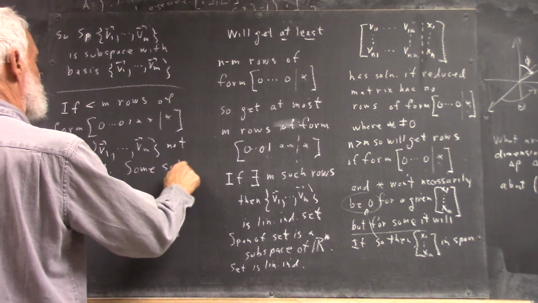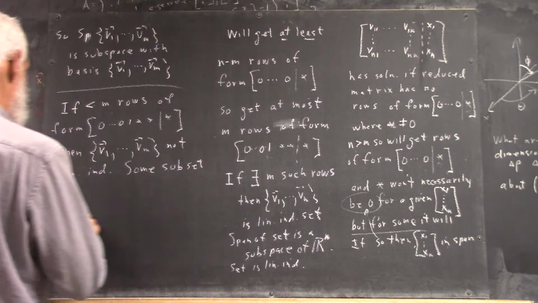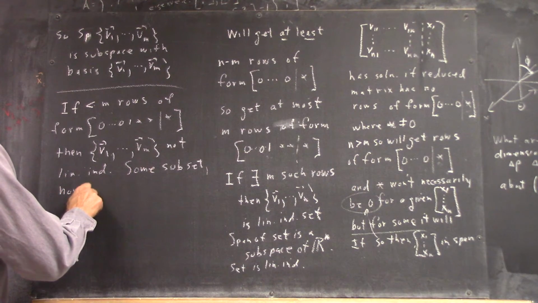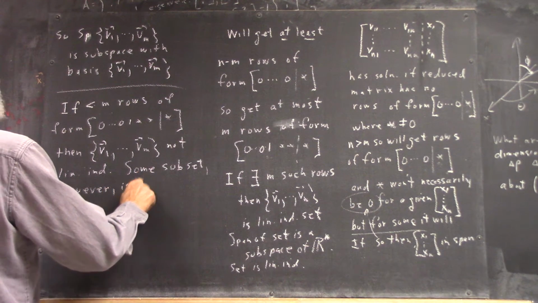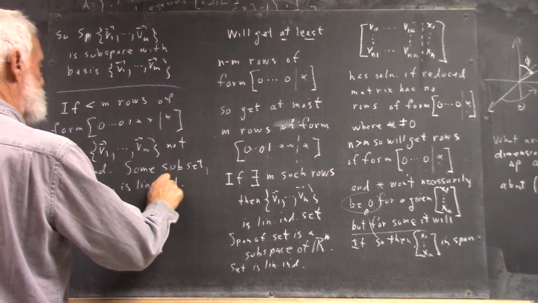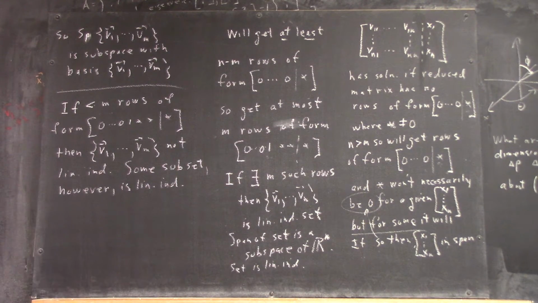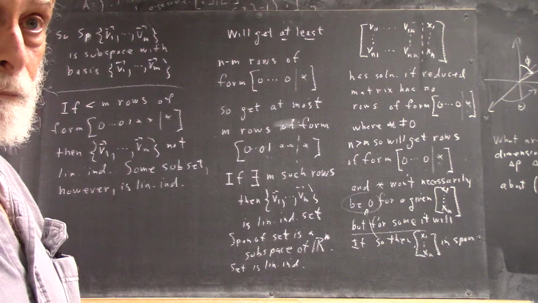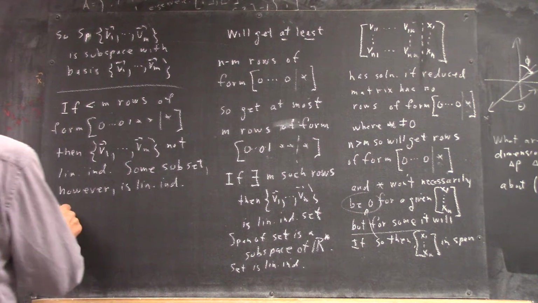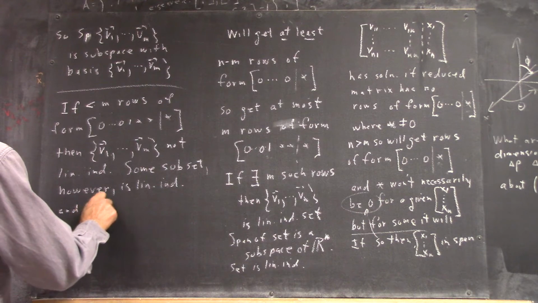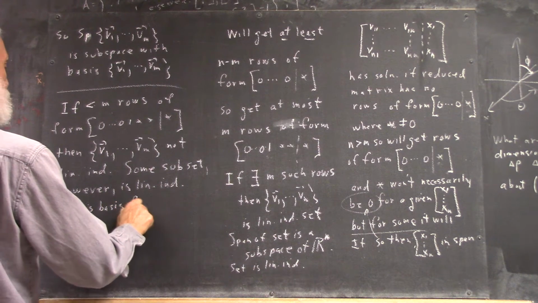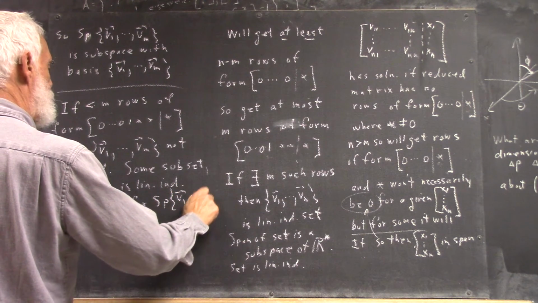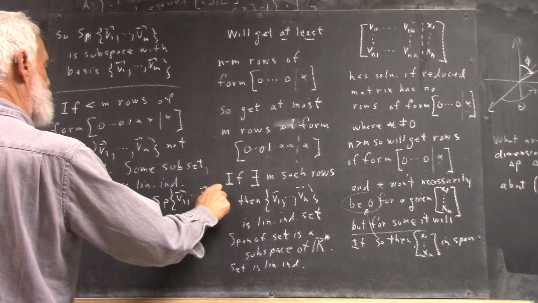Now, I'm not proving this, I'm just asserting it. Some subset, however, is linearly independent, and is a basis for the span of V1 through Vm.